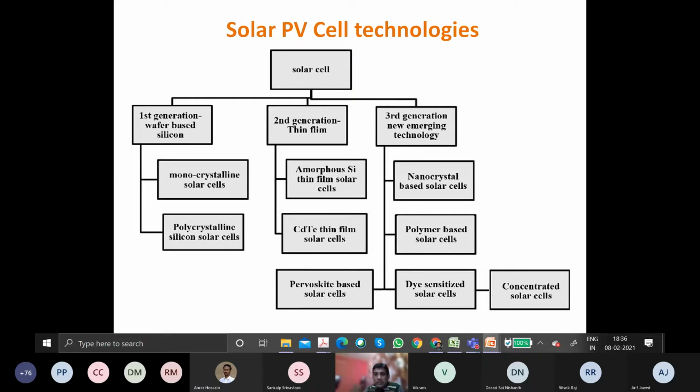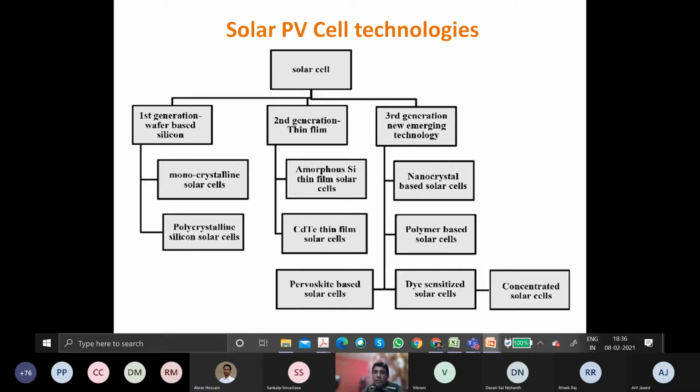And that is the reason that research is being made on different materials to find the maximum efficiency during this photon absorption. Till now, on the commercial scale, this first generation is giving a maximum efficiency of around 16 to 20%. Thin film material has a very thin layer of this material.